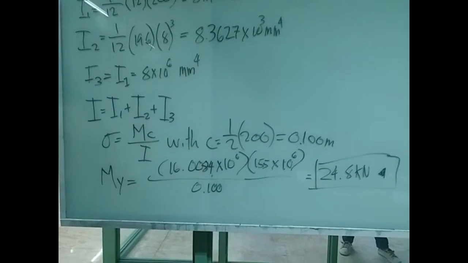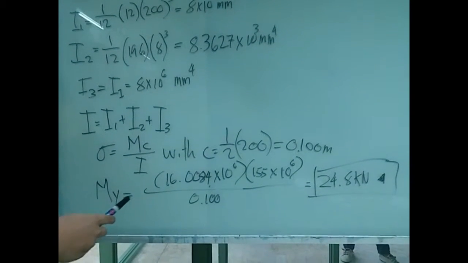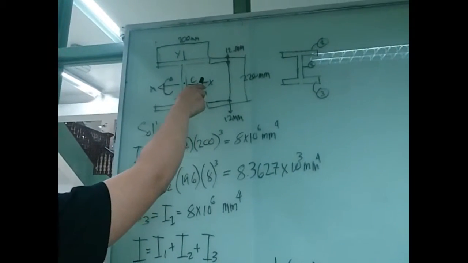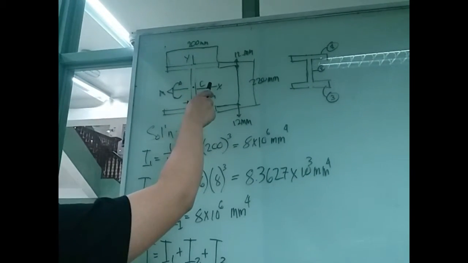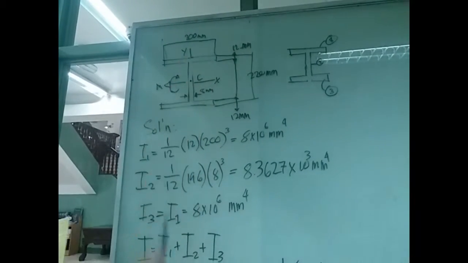Now, we need to determine the value of C. C is from the center of the neutral surface to the outer surface.